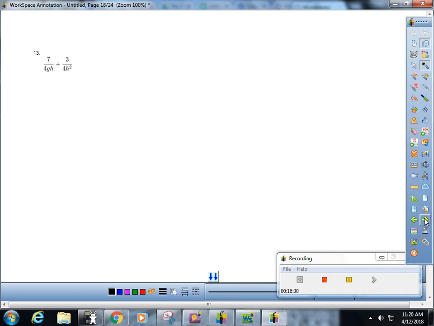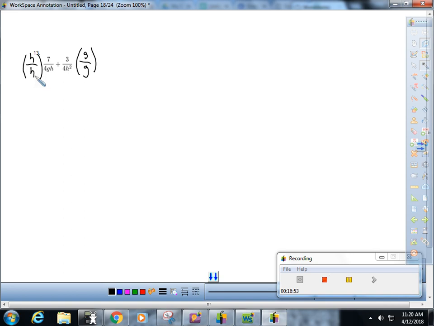All right. Now we're going to have to multiply each of these by 1. What's the one on the right missing? It doesn't have a g, so we need to multiply that by g over g. What's the one on the left missing? It's missing 1h to make it h squared. Very good.